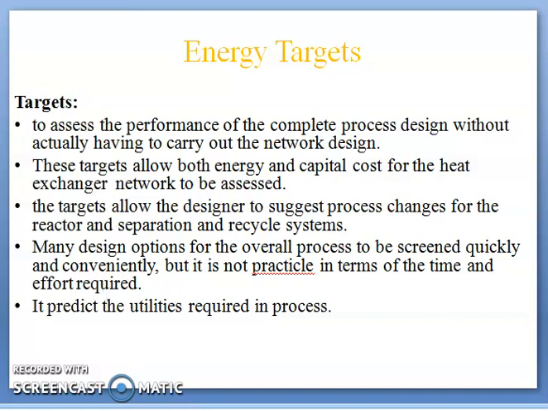When all the excess heat is absorbed in the process itself, the process needs to be cooled to room temperature or even below that, and this puts a load on the cooling water requirement. That also can be taken as heat load, because of circulation of cooling water or operating a cooling tower to restore the temperature of the cooling water. So ultimately the target can predict the utilities required in any process.